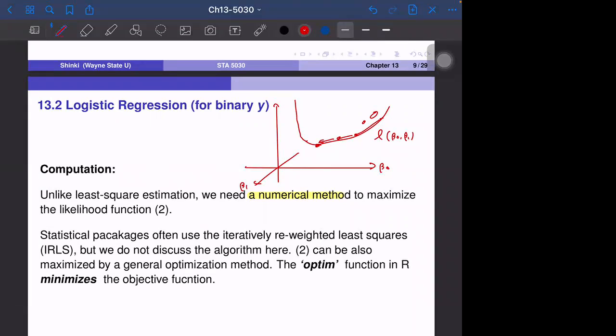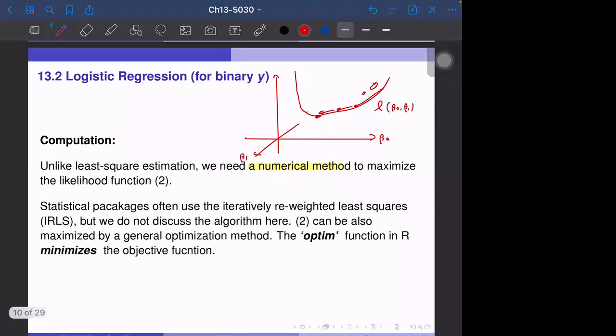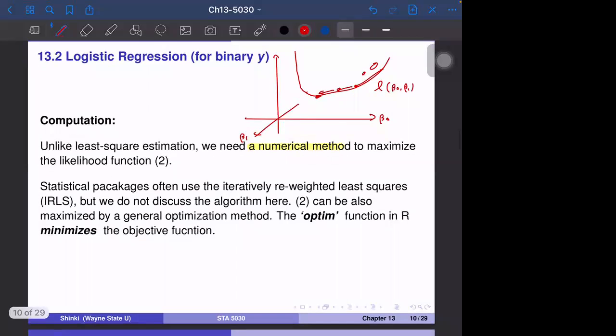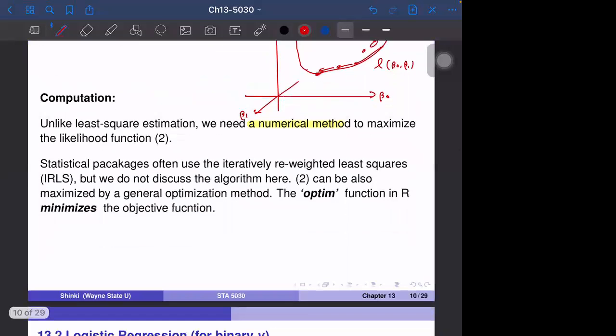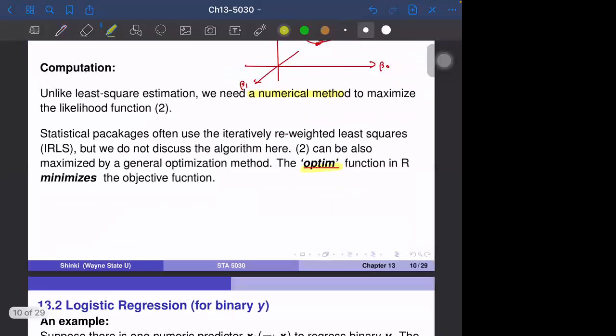To be exact, this procedure is done by the so-called reweighted least squares method, a sequential method similar to least squares. We don't cover that material, but the point is that we have to optimize numerically, and there is still a good way to find the solution. In R, if you want to optimize something, you can also use the optim function, the general function to numerically optimize some function.